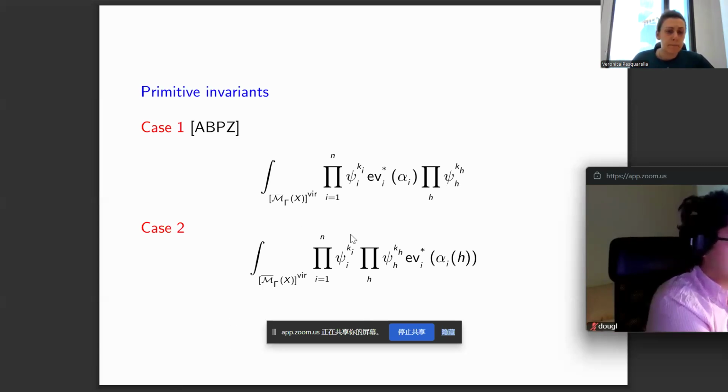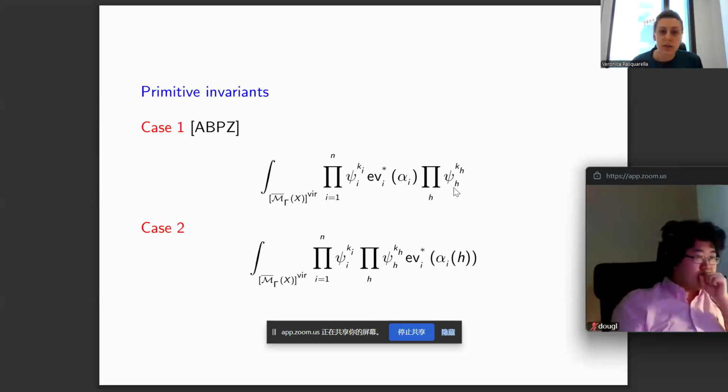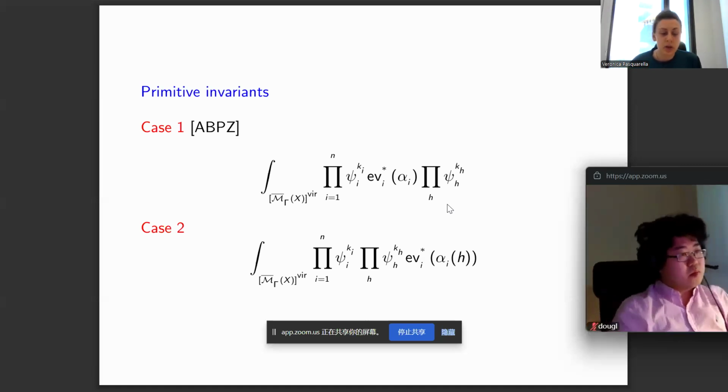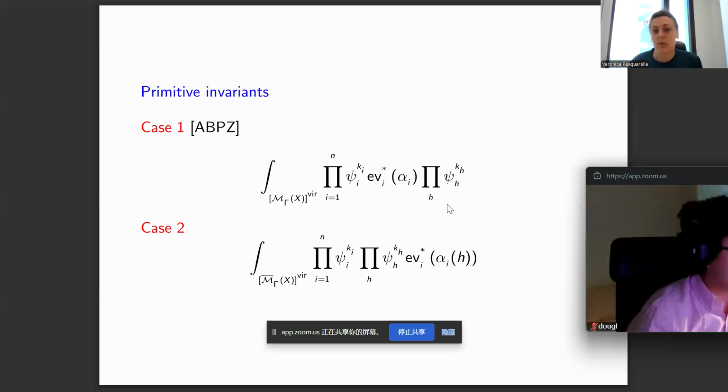So now, the major point is that the calculation that Arbesfeld, Bousseau, Pandharipande, and Zvonkine did calculated these without accounting for the punctures depending on the symplectic form. So they didn't account for this, which means the calculation is much simpler, and from the topological point of view, it leads to less structure.